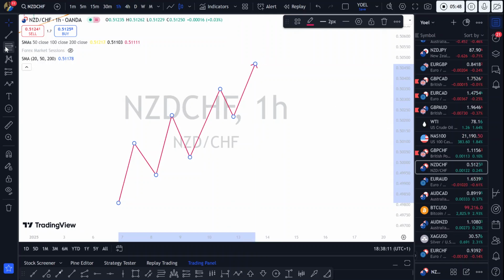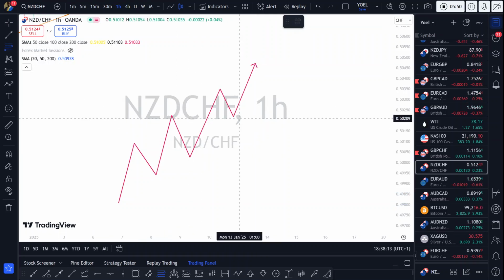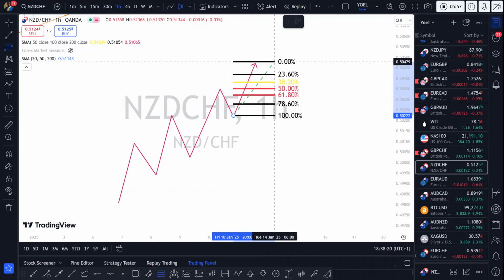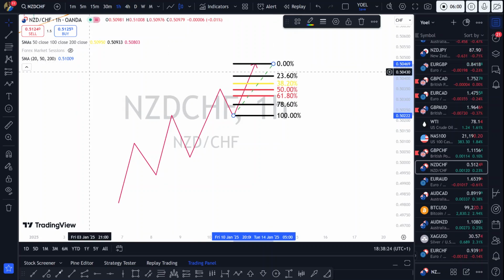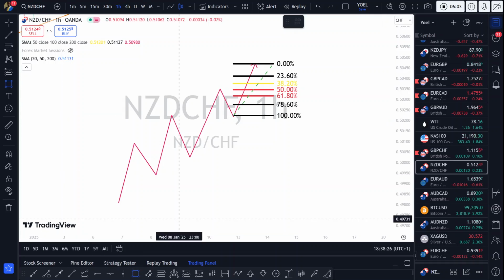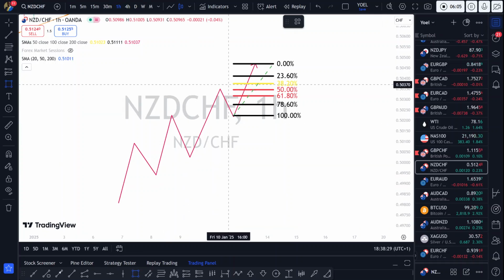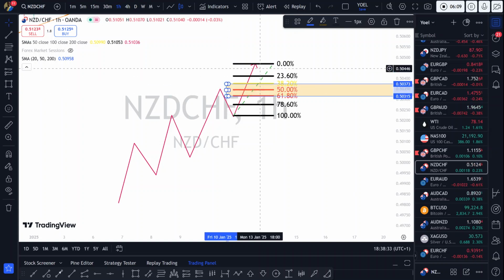Then, how do you draw your Fibonacci? You look at the previous low and then the previous high. Then you mark that area out. This is exactly how I do it.